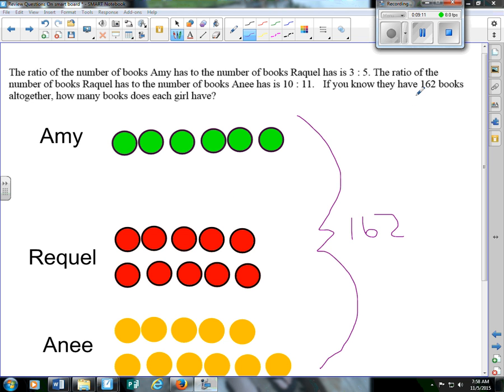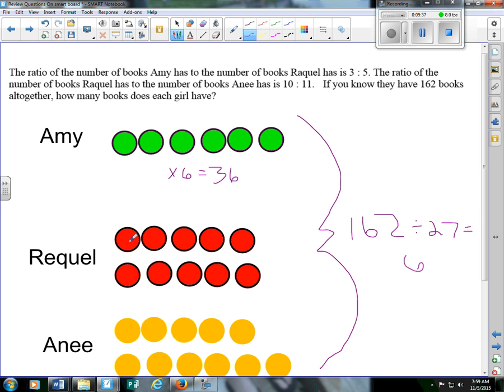It says if you know that you have 162 books altogether, how many books does each girl have? Well, we take 162 and we divide it by 27, and that actually comes out to be 6. So that means each one of those little bubbles is worth 6. So I have 6 times 6 equals 36.